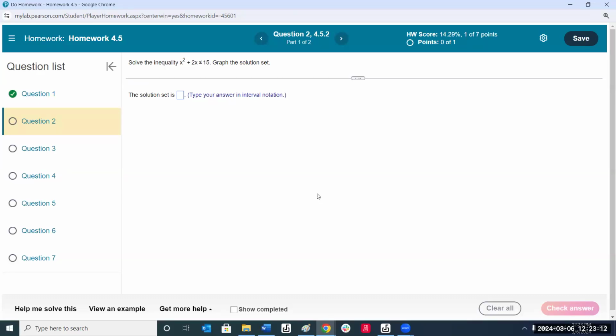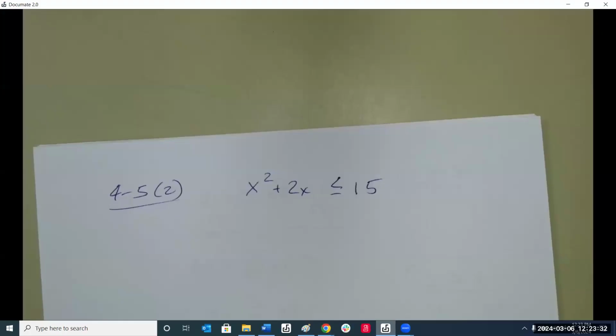Okay, number 2. It says x squared plus 2x is less than or equal to 15. This also has 2 parts, which means we're going to have to graph it too.